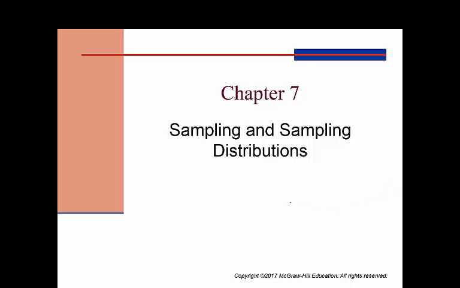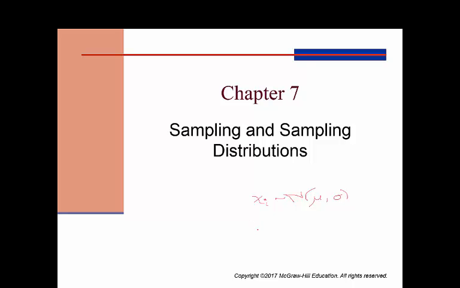The biggest difference from the last chapter, chapter 3, to here is that in the last chapter we were talking about an individual value x of i, which could belong to, let's say, a normal distribution that had a mean of mu and a standard deviation sigma.